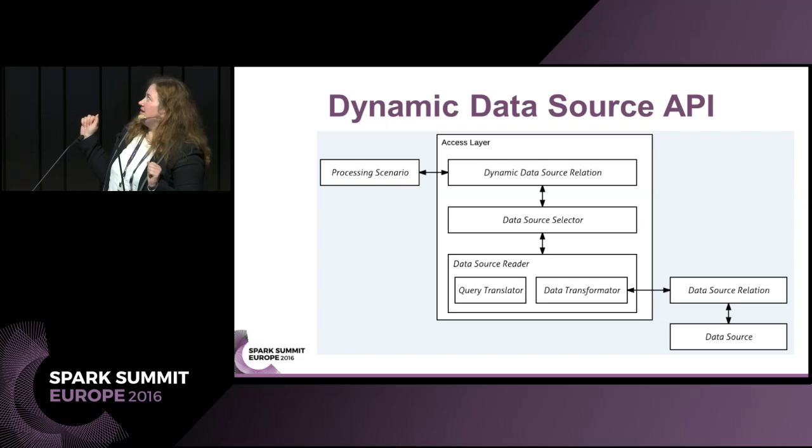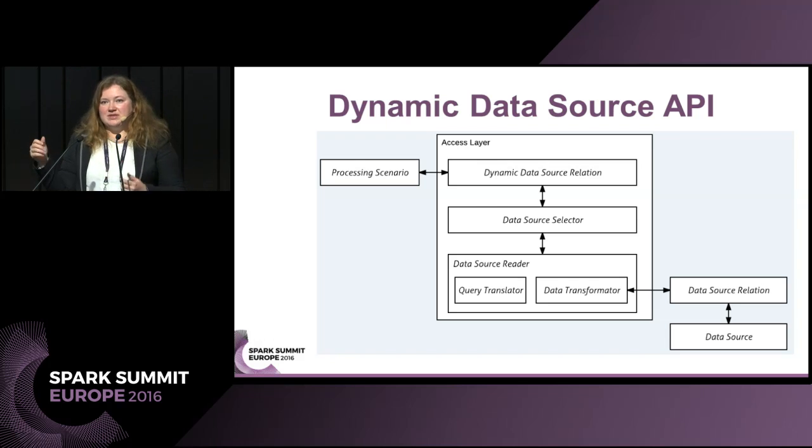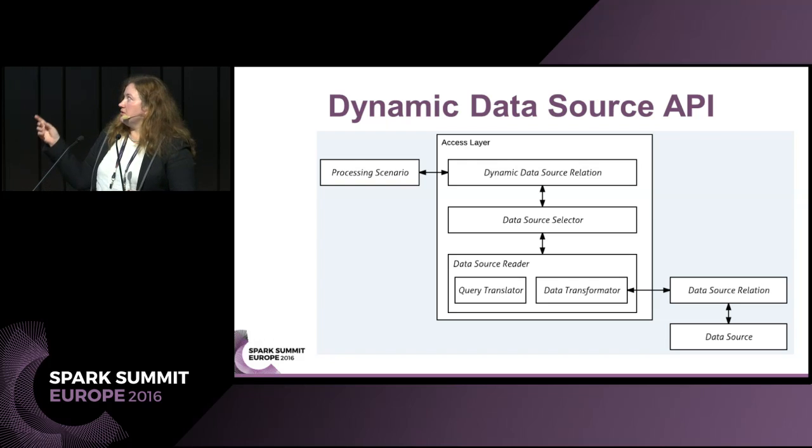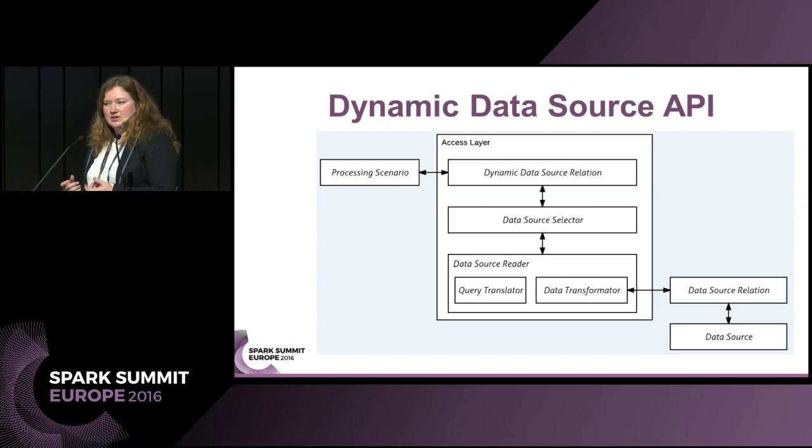It's actually an access layer, which has a meta driver, so a dynamic data source relation that communicates with the selector of the data sources, which in its turn communicates with the reader. The reader is responsible for translation and transformation of the queries to the native query of the source. Because if you talk to, for example, a Hadoop system, it would be one format and one query. If you talk with Cassandra or something else, it would be a completely different query. So that's what we added, actually.